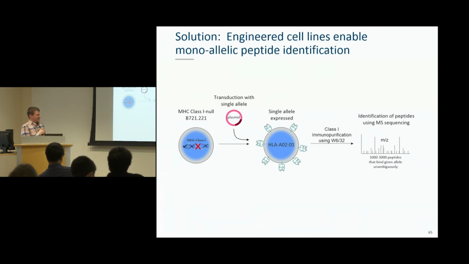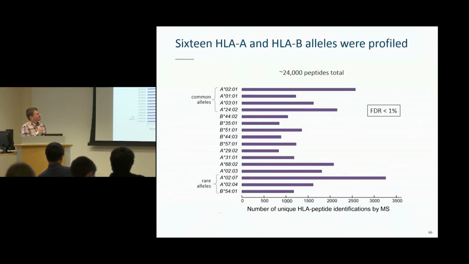And in doing this, we have this nice clean population of peptides that all bind a known allele. So we did this for 16 different alleles, HLA-A alleles and HLA-B alleles. Some of them are very common ones where we knew very well already what the binding preferences were, so we could have that as validation. We also included some rare alleles so we could define those binding preferences kind of de novo.